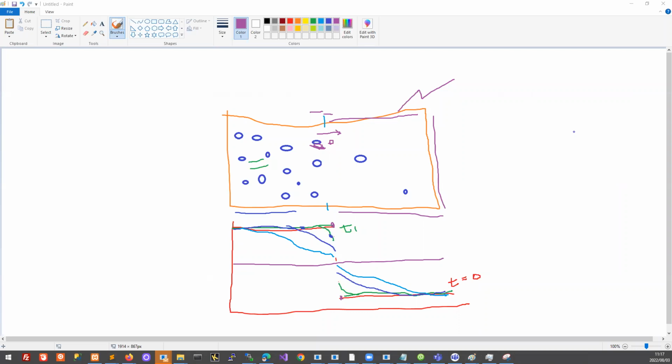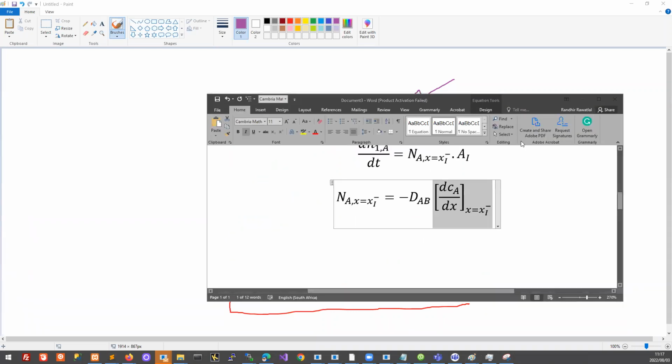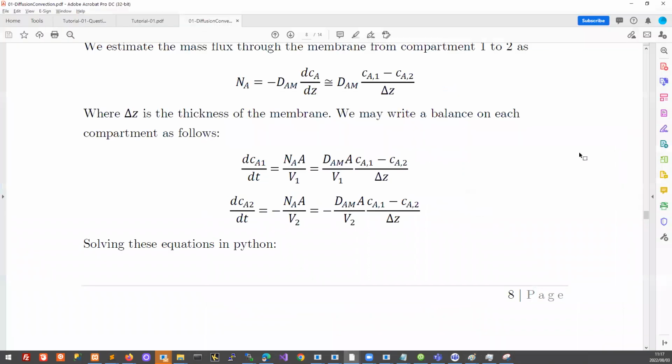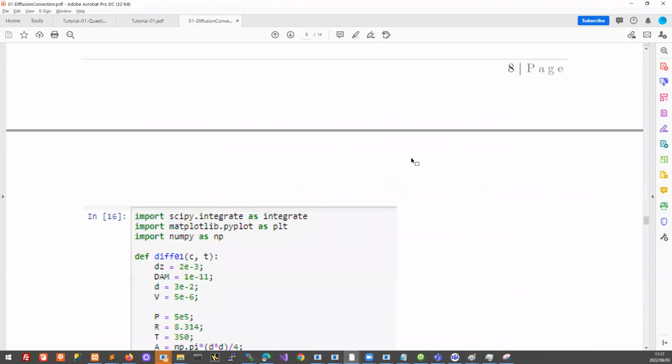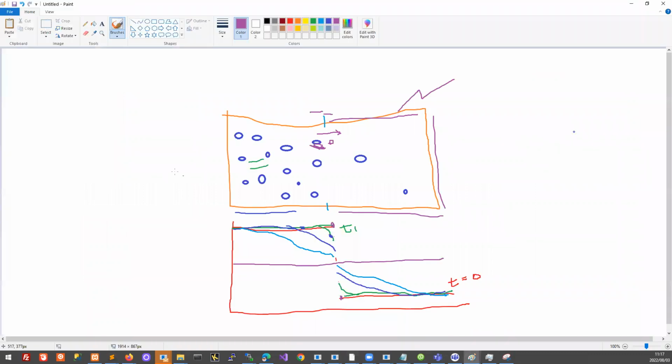But the way that this problem is actually posed is that we are diffusing through a permeable membrane. So it's a bit different to what I was drawing. It's a permeable membrane of thickness 2 millimeters. So in contrast to the way I said it initially, it's not the case that we are just removing the membrane or the interface. There is an interface here, and it has a thickness of 2 millimeters.